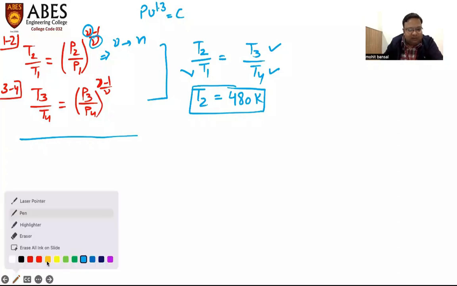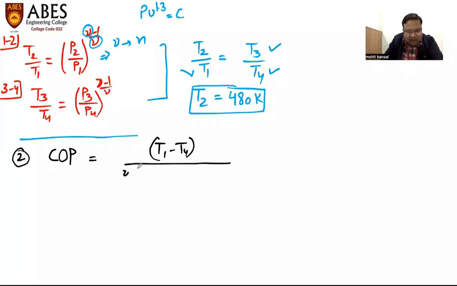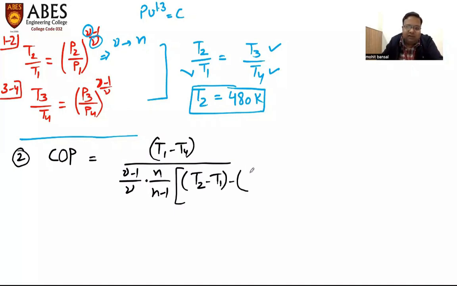Now for the COP, all the four temperatures are available to us. For finding out the COP, this can be written as T1 minus T4 upon gamma minus 1 by gamma into N upon N minus 1 into the work of compression minus the work of the expander. The work of compression in the process of 1 to 2 can be written as T2 minus T1, minus the work of the expander, T3 minus T4.